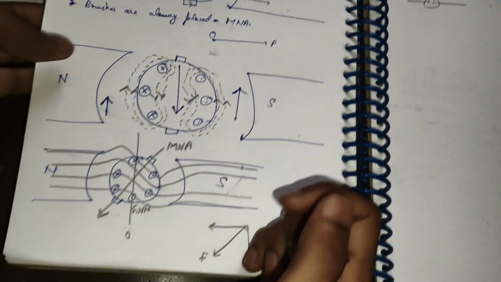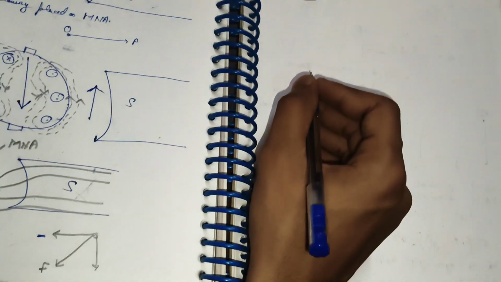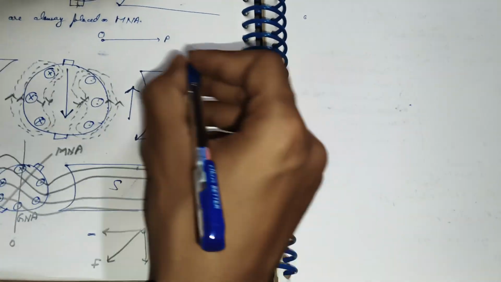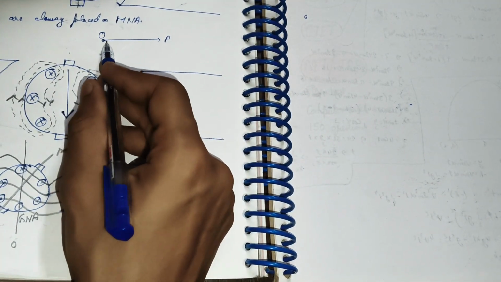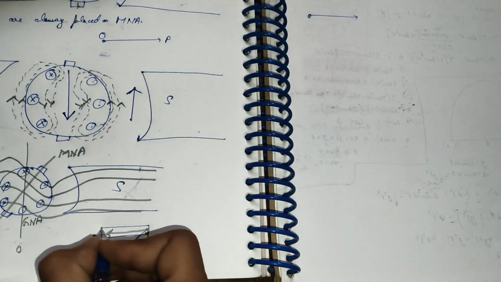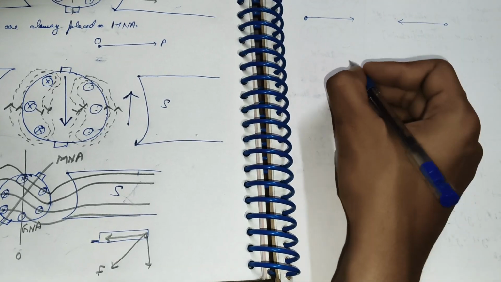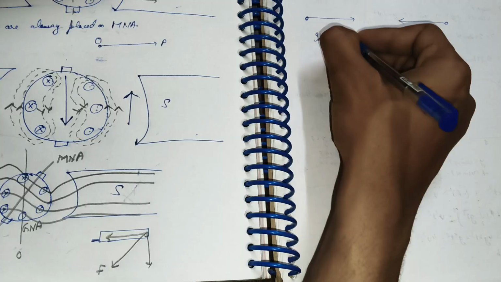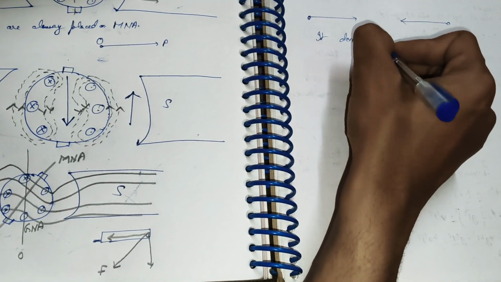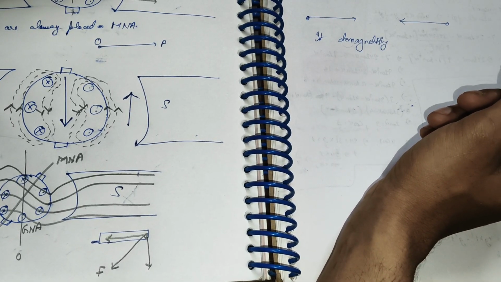For the first one, the direction of the main magnetic field here is in this direction, and the direction it shows is completely opposite. So it is demagnetizing, or I'll say weakening the main magnetic field or flux.